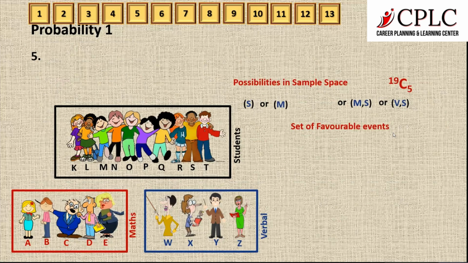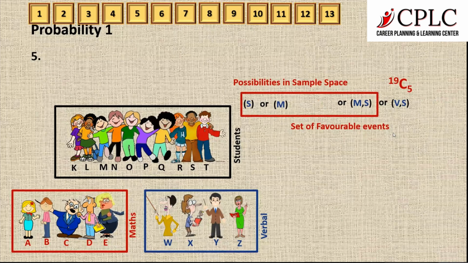So these are the only set of possible favorable outcomes. Now it must have student and math, math only, student only, verbal student, and verbal only. Over here, if you observe, these two things are counted twice, that is, SM and MS are counted twice.